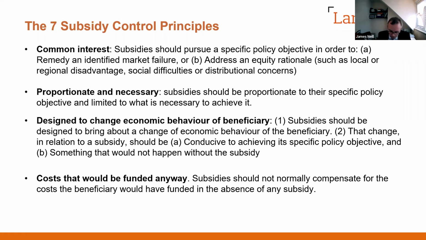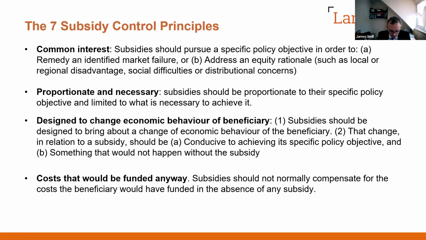Subsidies should pursue a specific policy objective in order to remedy an identified market failure, or address an equity rationale, such as local or regional disadvantage, social difficulty, or distributional concerns. Subsidy has to be proportionate and necessary. So they need to be proportionate to their specific policy objective and limited to what is necessary to achieve it.